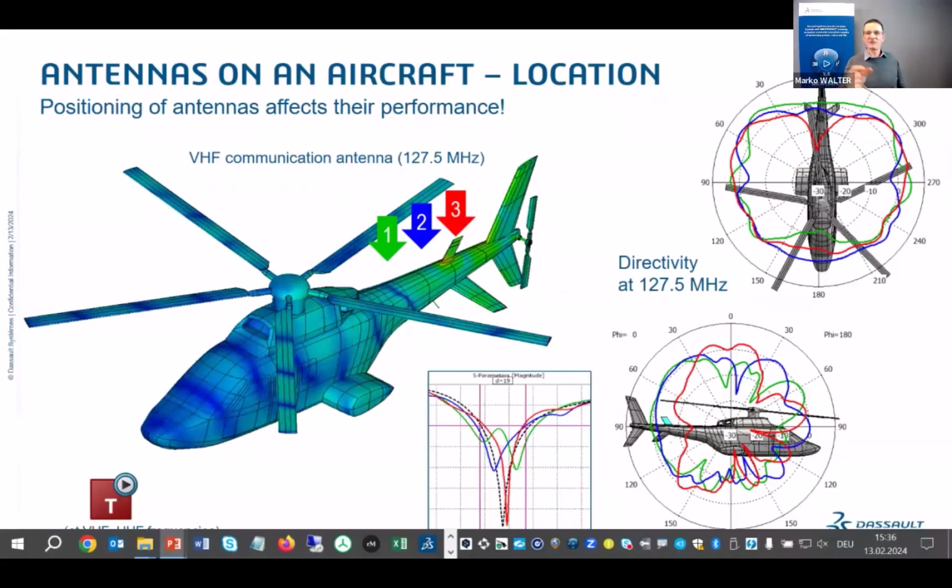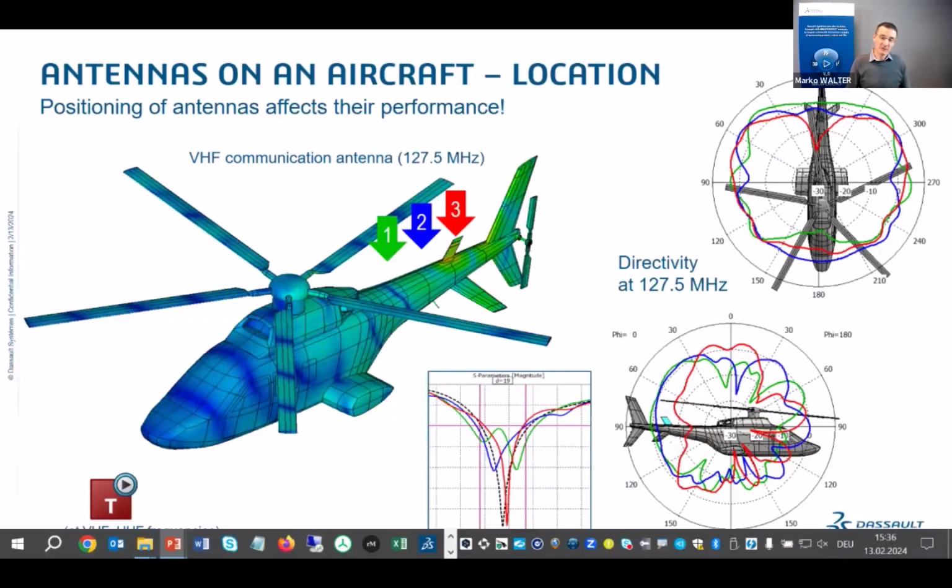But as you move it closer to the tail fin, you have the red curve that results. So you introduce a null in the horizontal radiation pattern at the top right. And also the vertical radiation pattern has more nulls and is maybe a less good positioning for the antenna to achieve a nice spherical communication.